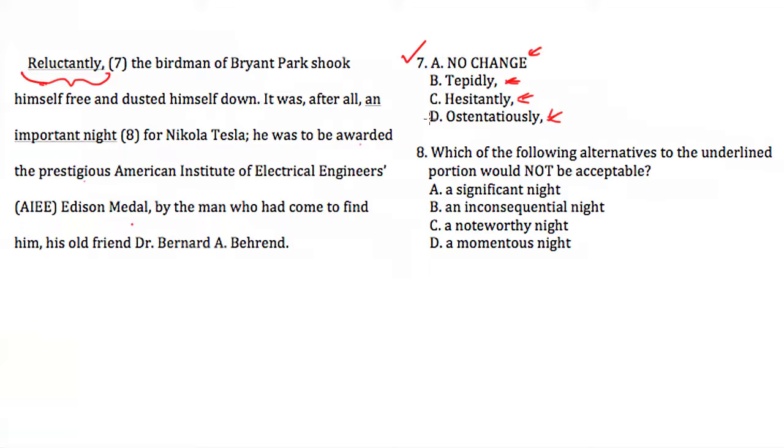So I don't think he's doing this ostentatiously. He might be doing it hesitantly, but he is going to win an award. They can always feed the birds tomorrow. So I don't think hesitantly is probably the right word either. So you've got to choose between tepidly and reluctantly. He does like the birds, and he probably does want to receive the medal.